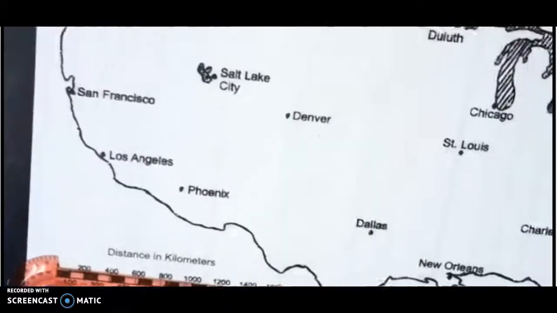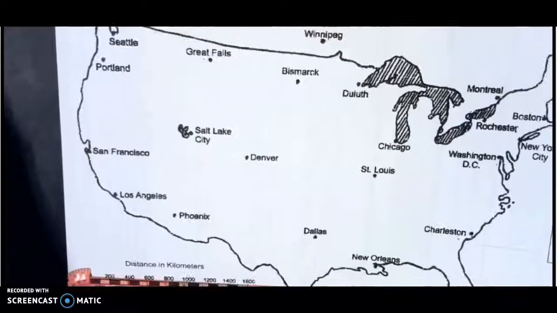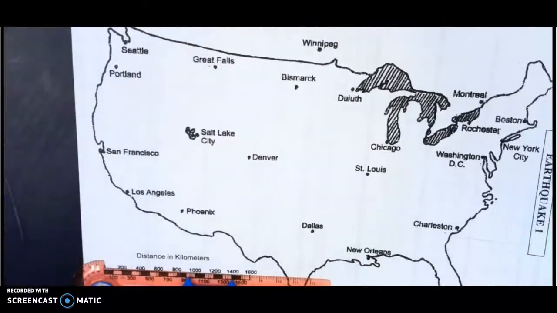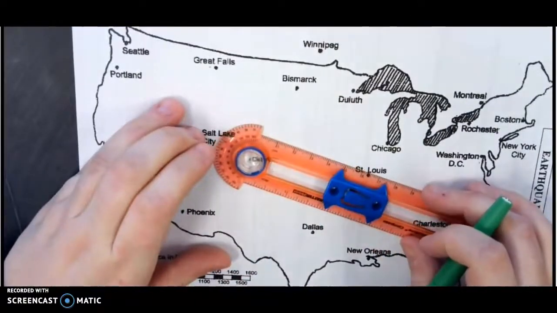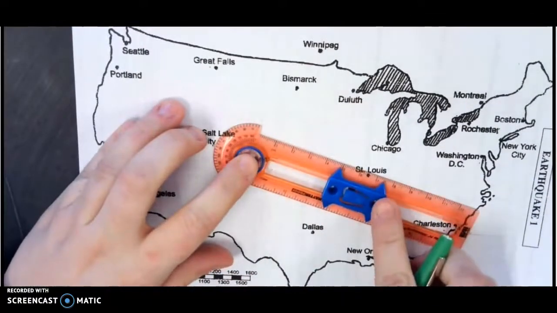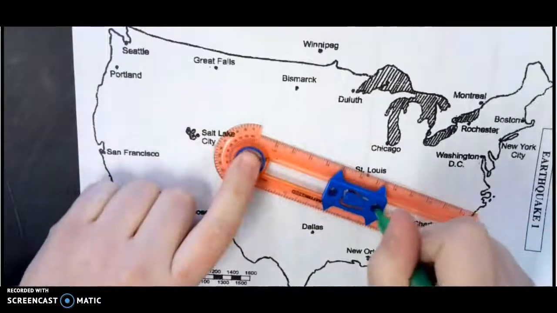So I'm going to find Denver on my map. I'm going to place the center of my compass there. And I used this spot, so that's where I'm going to put my pen.